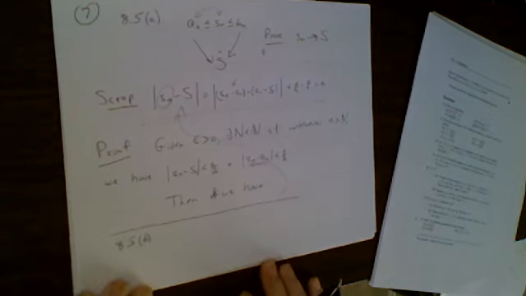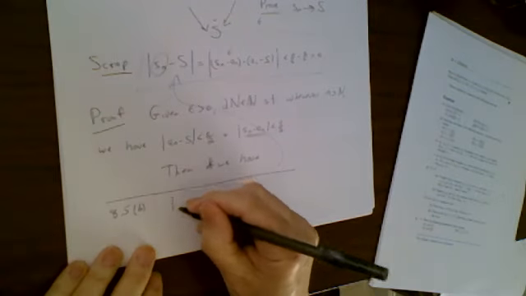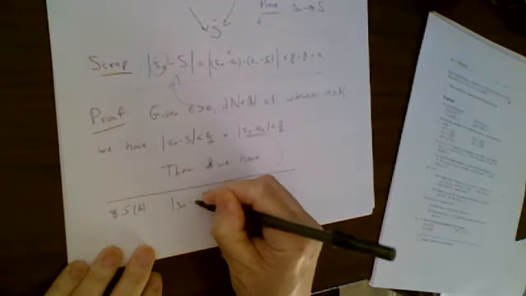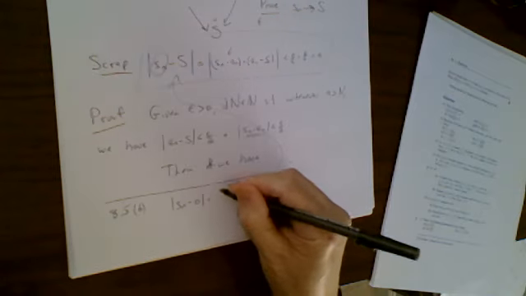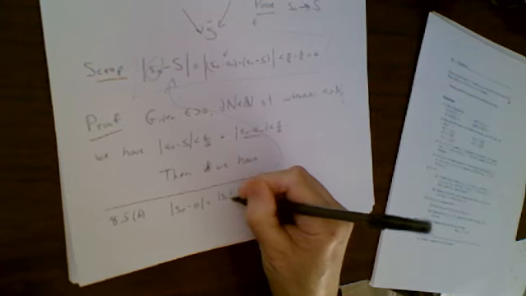Well, I'll just write a little bit. If you want to show that the limit of the S sub n's is equal to 0, you want to show that you can make this thing less than epsilon. But this is the same as the absolute value of S sub n.